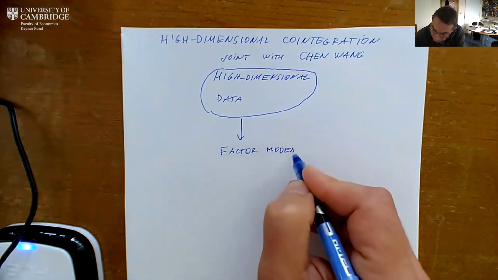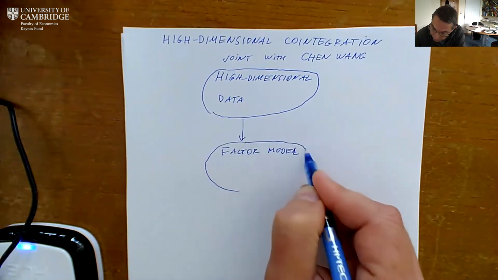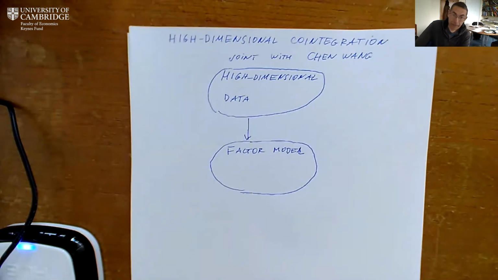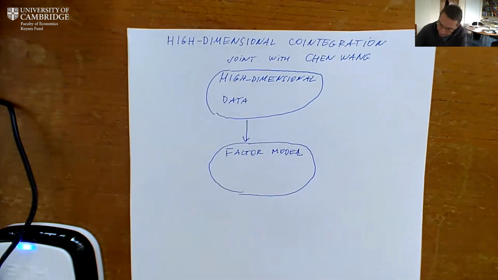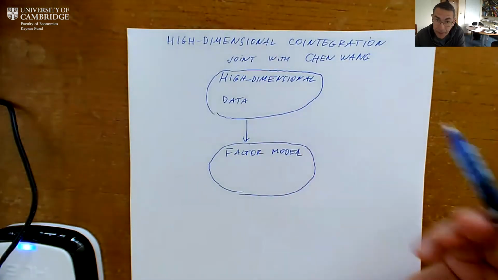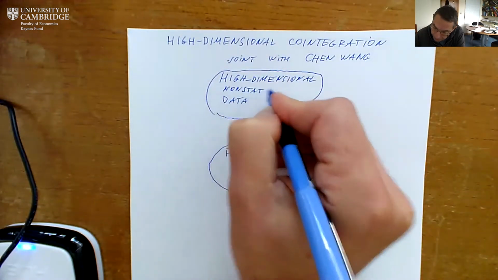We are no exception. When we decided to think about high-dimensional cointegration, we also thought about factor models. But since our interest is in cointegration, we don't just have high-dimensional data, but high-dimensional non-stationary data.